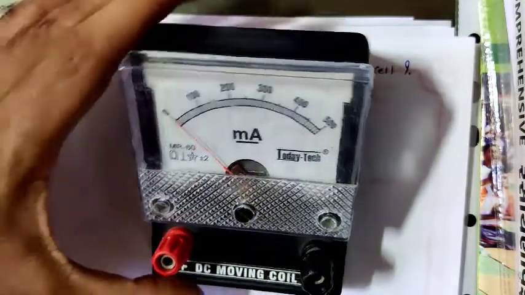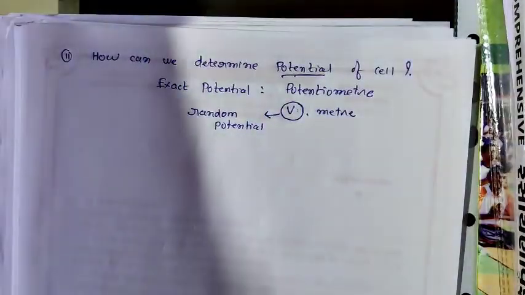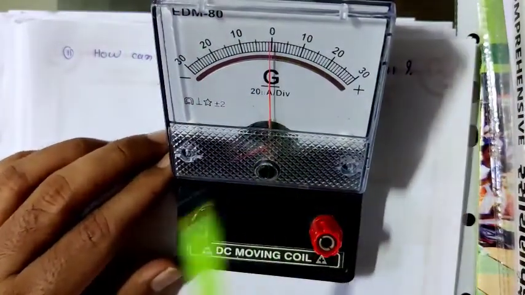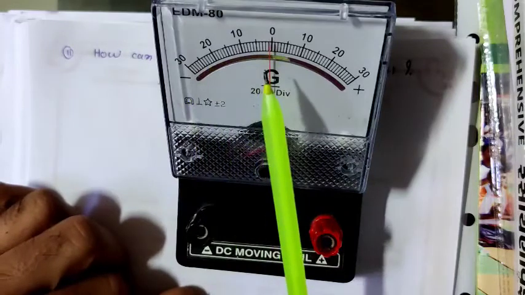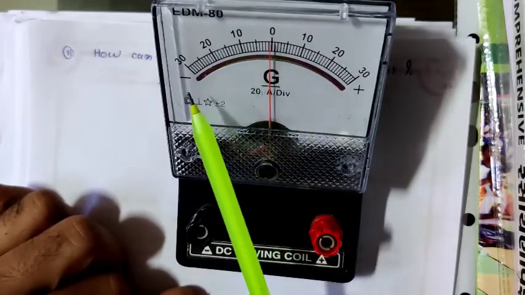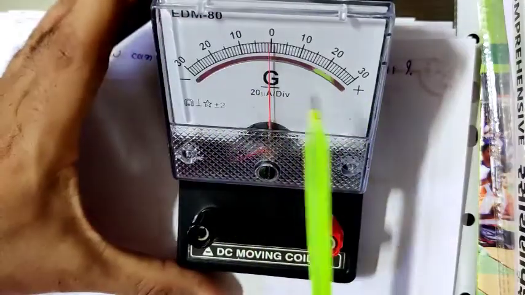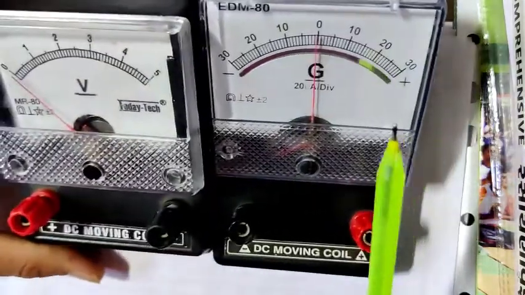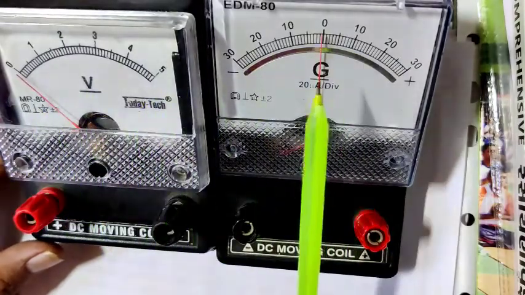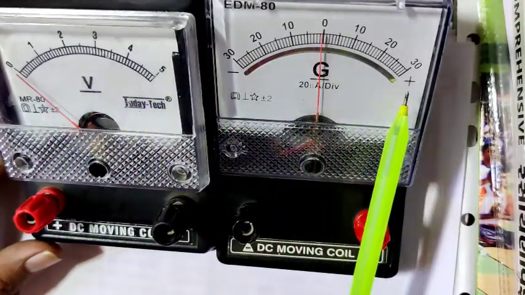This is mA, milliampere. This is a galvanometer, which gives us power in ampere. Just see the values negative also, 0. This is the minus direction, this is the plus direction. The basic difference between galvanometer and voltmeter is here. A voltmeter always measures positive values, and a galvanometer has negative and positive both ends.